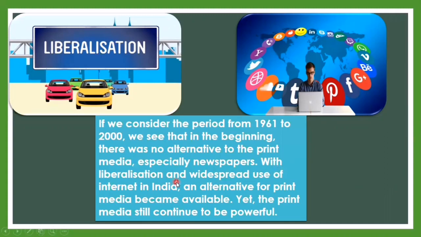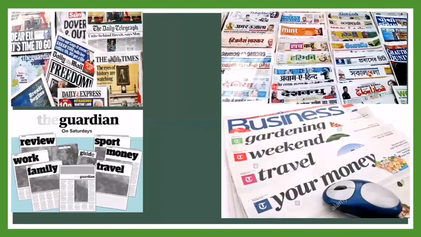With liberalization and the widespread use of the internet in India, an alternative to print media became available, yet print media still continues to be powerful. Though there are lots of internet users and it is widespread, the demand for newspapers did not decrease, it goes on increasing.